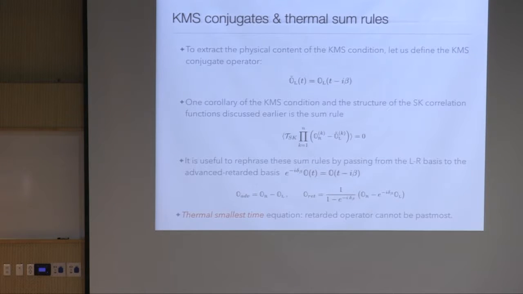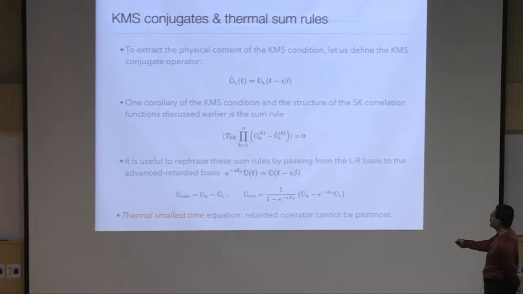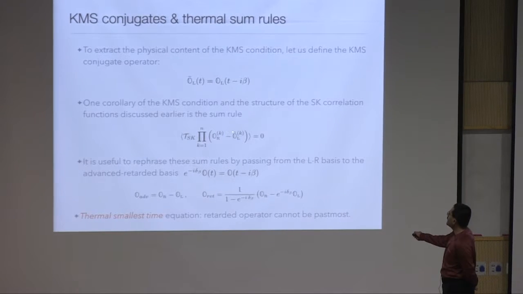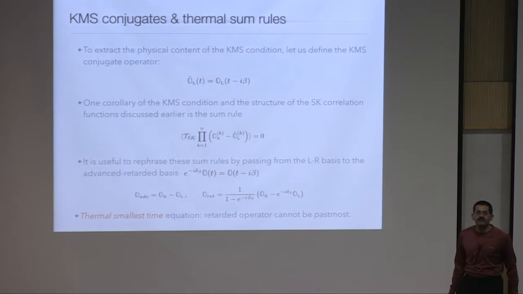Previously, you saw that the correlation function of difference operators was 0. Now you see that if you take the Schwinger-Keldysh time ordered correlator of a right operator at time t minus a left operator at time t minus i beta, and a string of such operators at different times, their correlation function also is 0.